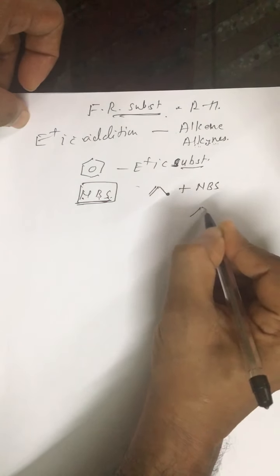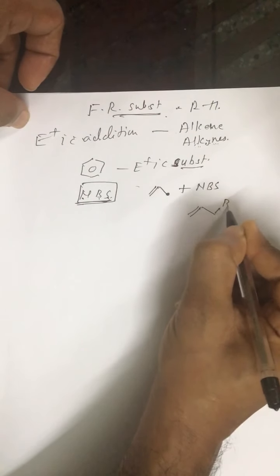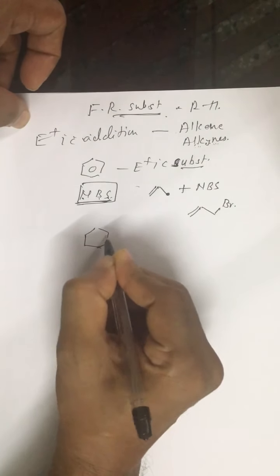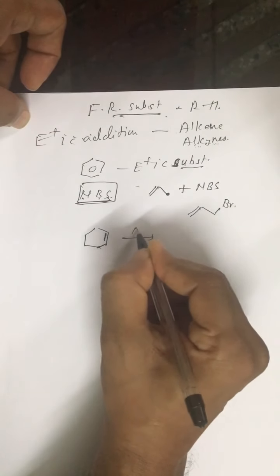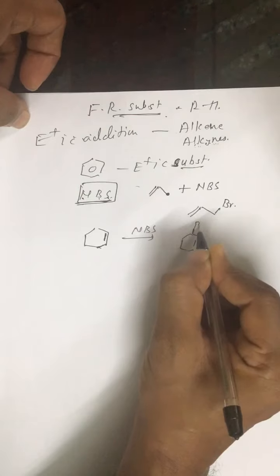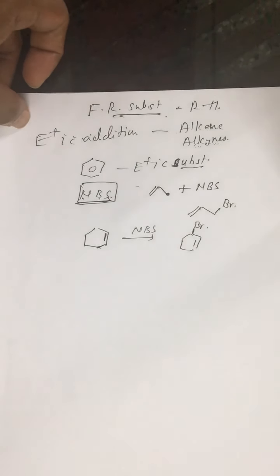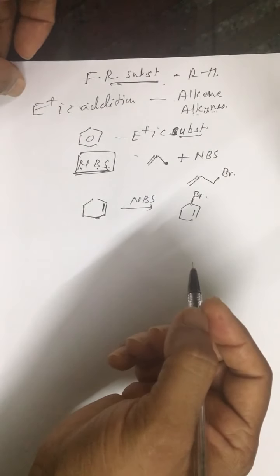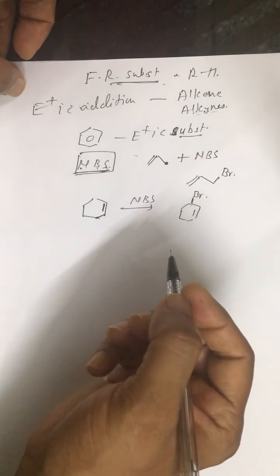So what you get is this kind of product, allylic bromination. Or if we have this kind of alkene, if it is treated with NBS, the product obtained is this kind of product. Alright, NBS.